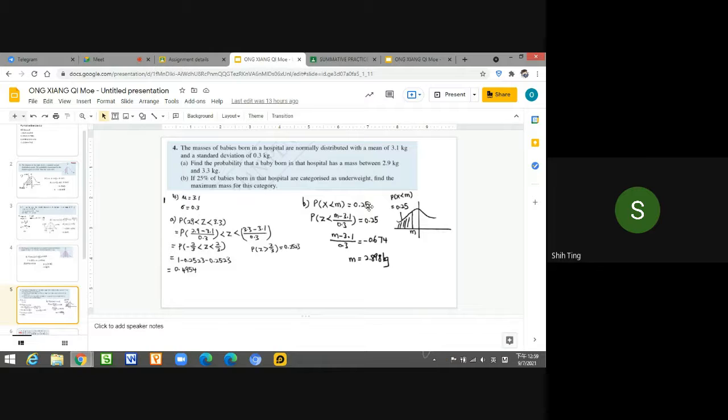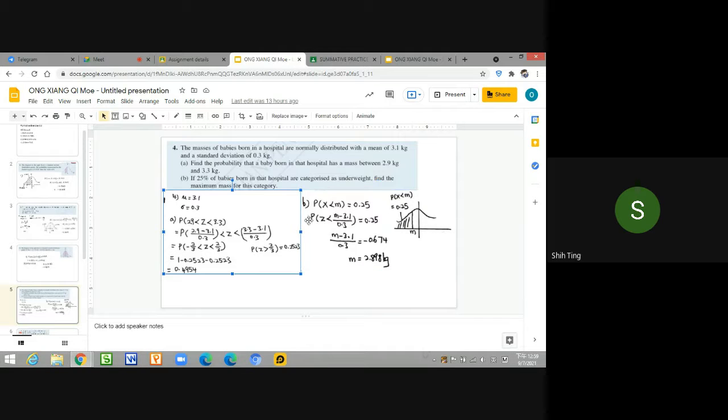We need to standardize S to Z. So M minus 3.1 divided by 0.3 equal to the z-score of 0.25, which is 0.674. As it is on the left-hand side, we need to put a negative in front. And we calculate, we will get the value of M is 2.898 kg.